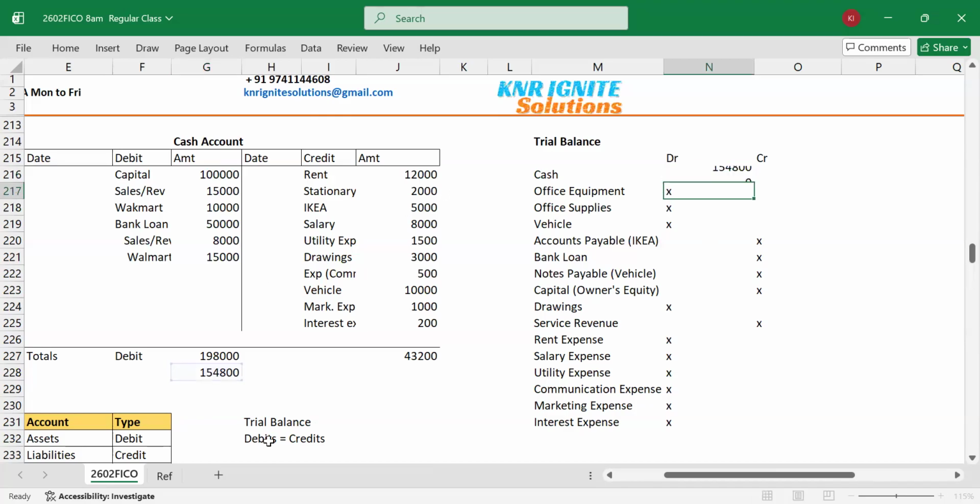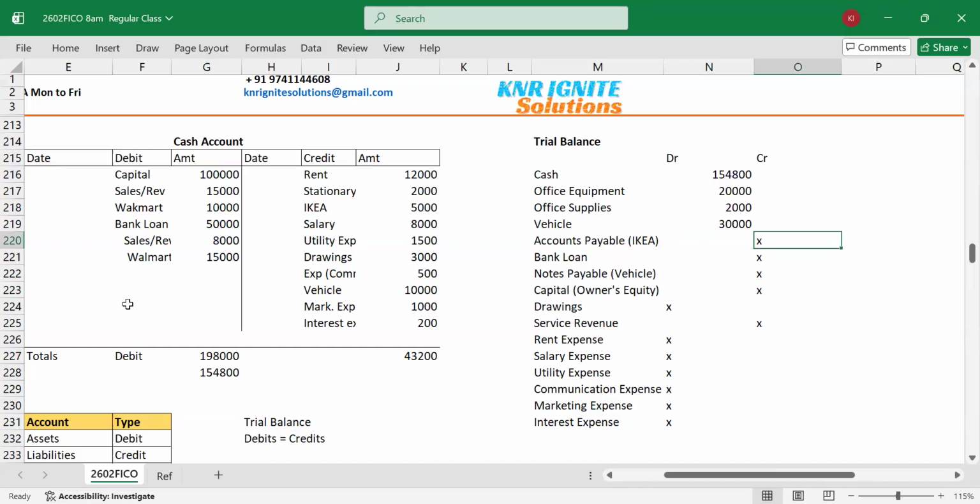Finally, I have arrived. Similarly, if you prepare the account, office equipment will contain 20,000. It is an asset for you. And office supplies, which is an expense, contains 2,000. Vehicle, you spent 30,000.